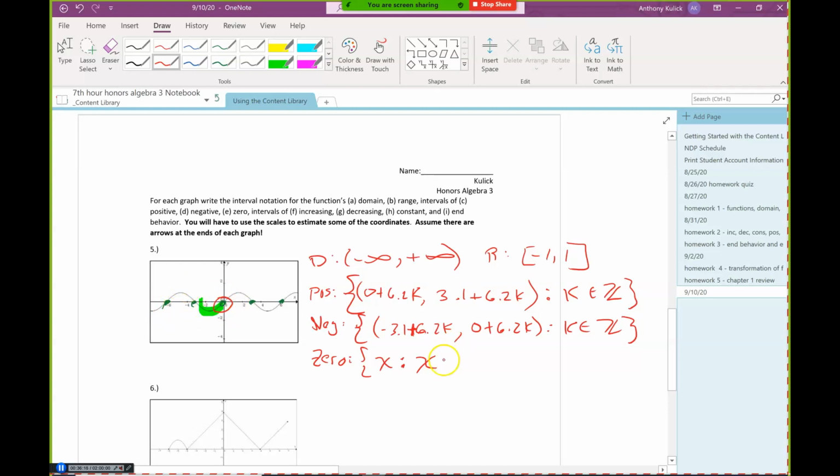So I'm going to pick that one there at 0. And then I notice that every 3.1 units, I'm running into another 0. So I'll just call this plus 3.1k, where k is an integer.